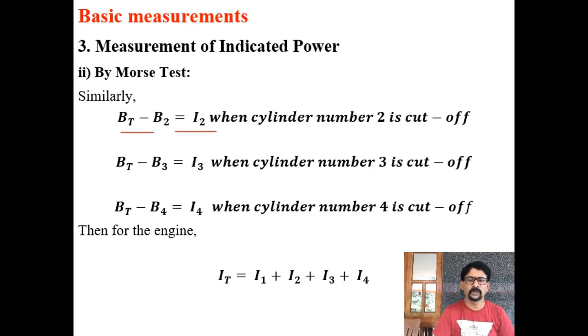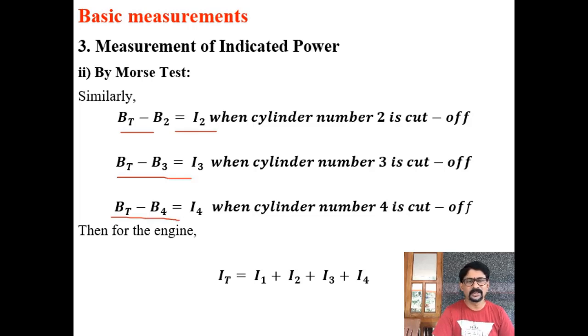Once again you have to calculate the brake power when cylinder number 2 is cut off. So BT minus B2 gives I2. Now restore cylinder number 2 and cut off cylinder number 3, so you will get B3, and BT minus B3 will give I3. Similarly do it for cylinder number 4, so BT minus B4 will give I4.